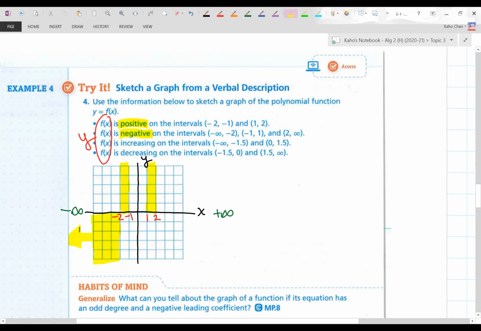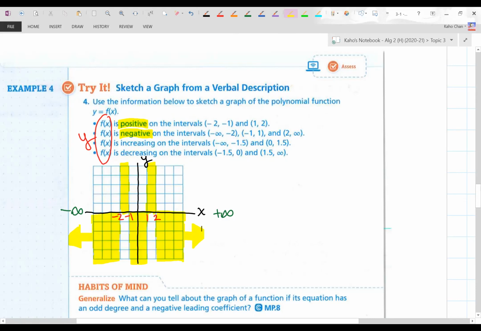So that's our polynomial function, like a snake, going through that particular region. Between -1 and 1, it's going to be negative, below the x-axis. See how we're fitting everything in? And of course, from 2 to infinity, it's going to be negative, below. Okay. Whew.